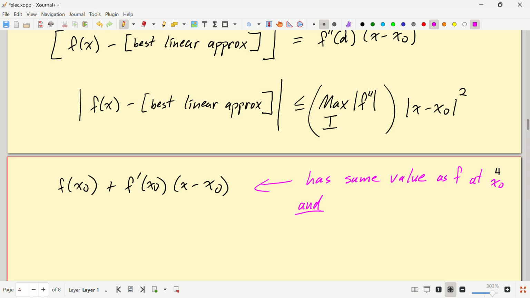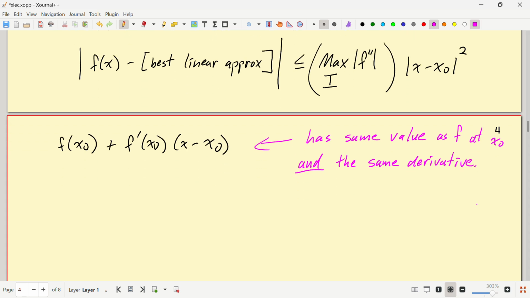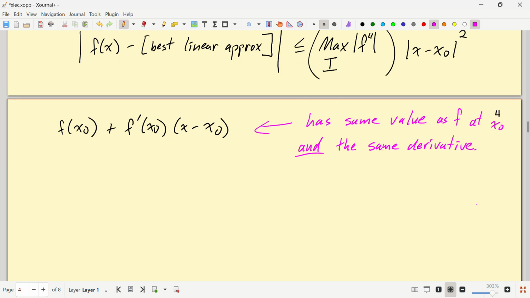The derivative of that function is f prime of x naught. And then you ask yourself, well, how could I add a best second order approximation? Make the first derivative the same, and the second derivative. The value has to be this.